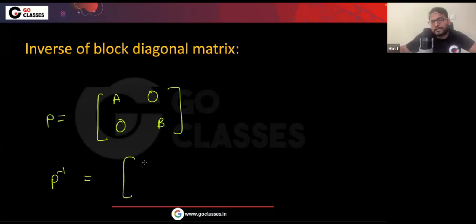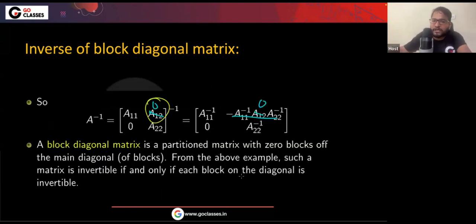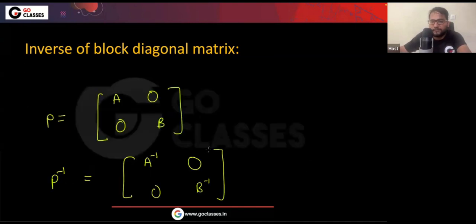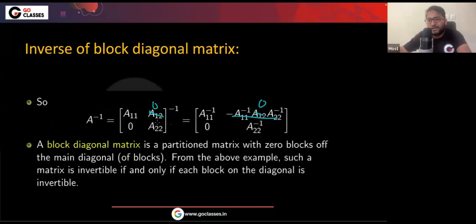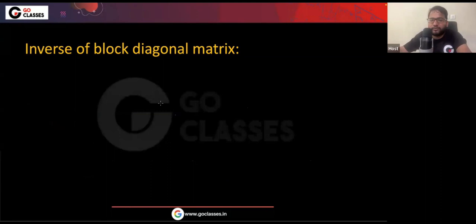For the diagonal matrix, it is actually very easy. This is A inverse, 0, 0, and B inverse. So that's what they are saying. If this entry is 0, then ultimately it is A11 inverse and A22 inverse, and the inverse is very easy in that case, if it is diagonal. Otherwise, if it is upper triangular, then we did it in some other way.